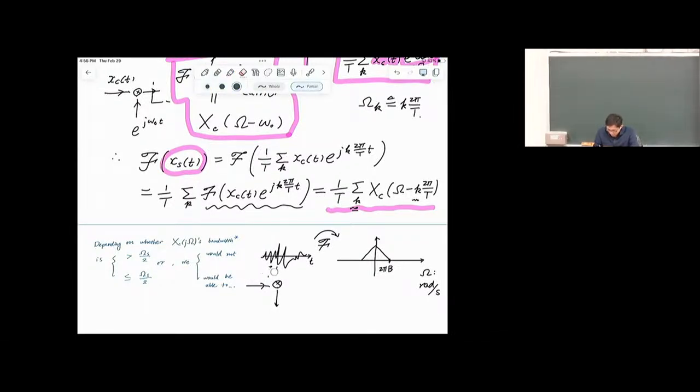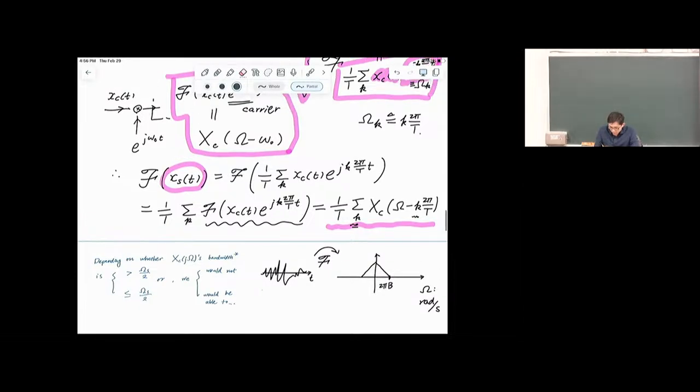There's no need to talk about this repeatedly. When we sample our signal, the spectrum becomes a summation of the original spectrum, but shifted to the right or to the left, depending on if k is negative or positive.